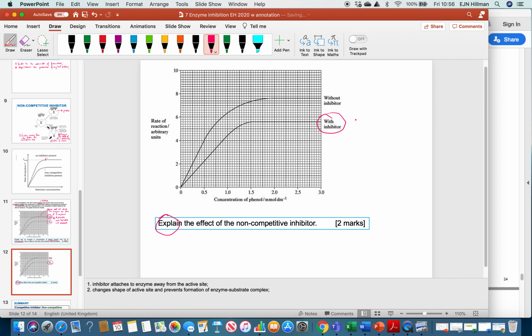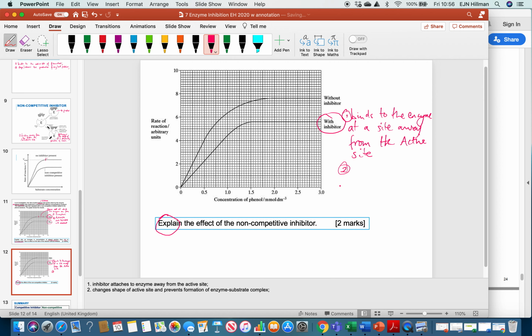So, a non-competitive inhibitor binds to the enzyme at a site away from the active site. Okay, for the first mark, we say what the non-competitive inhibitor does. It binds to the enzyme at a site away from the active site.